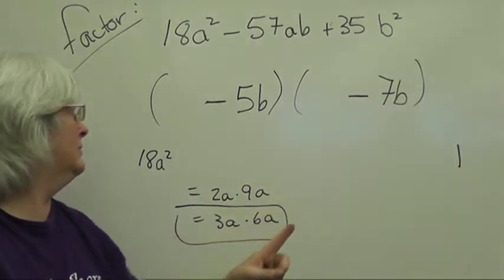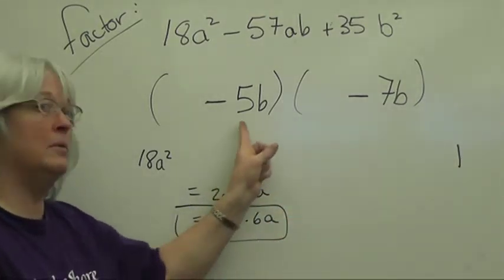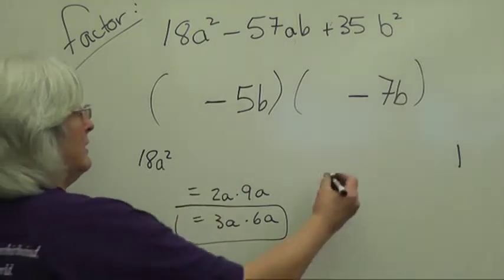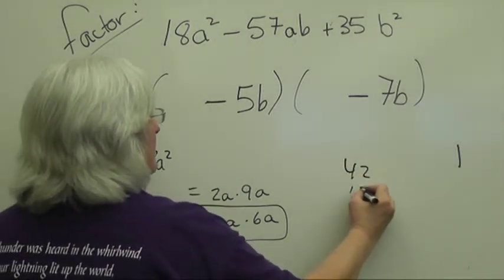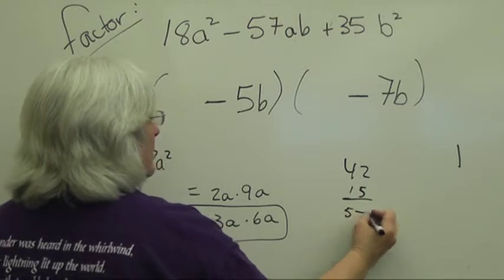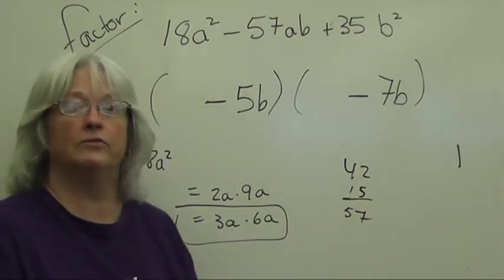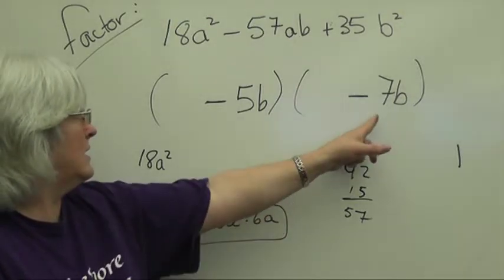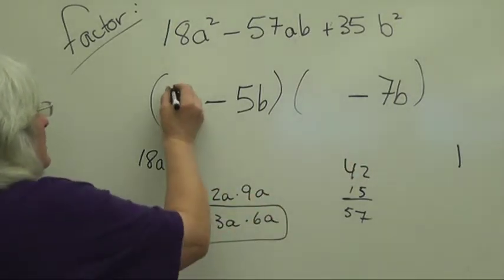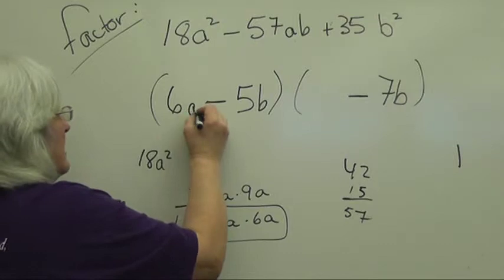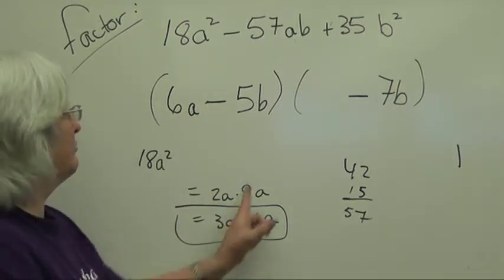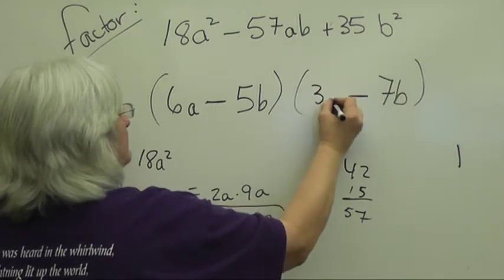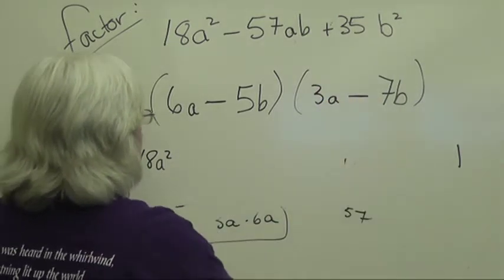It's 42. 3 times 5 is 15. 42, 15. Look at that, you've got 57. Okay, 6 times 7. We want that to be a 6a. 3 times 5, 3a.